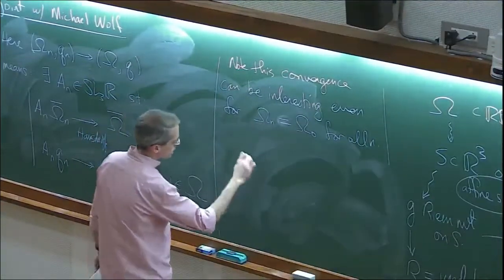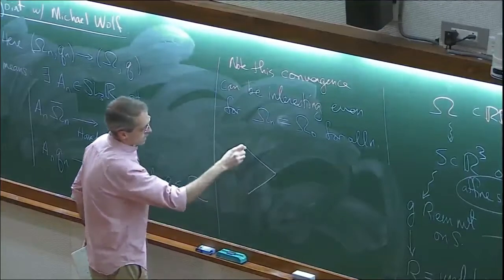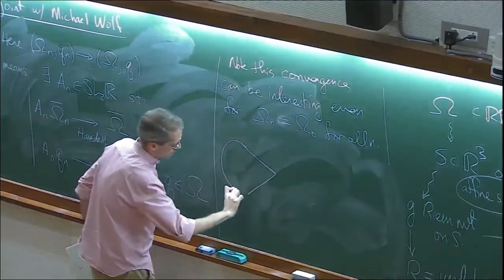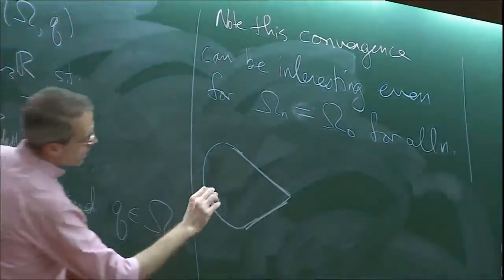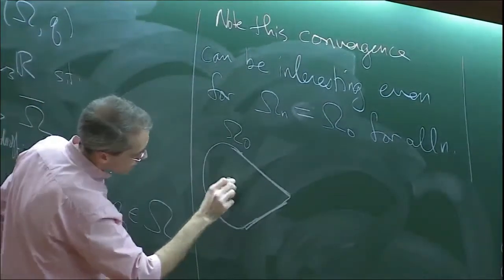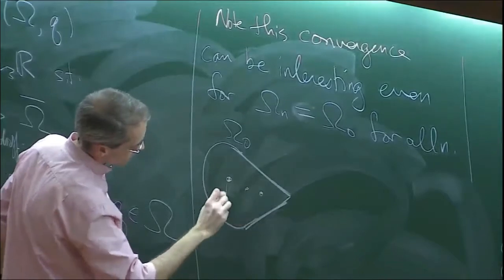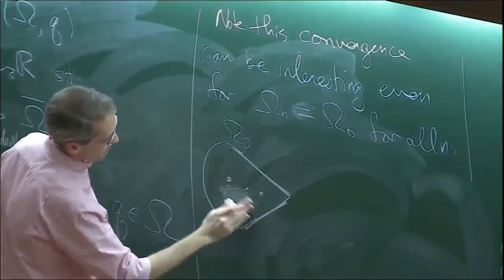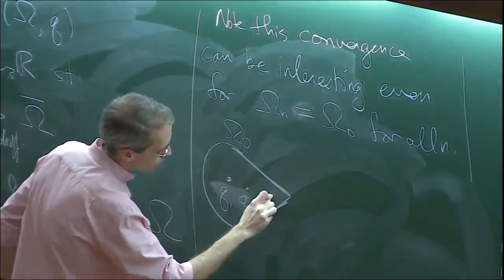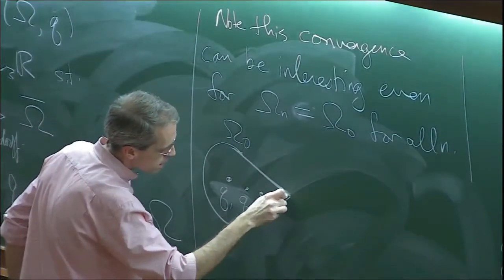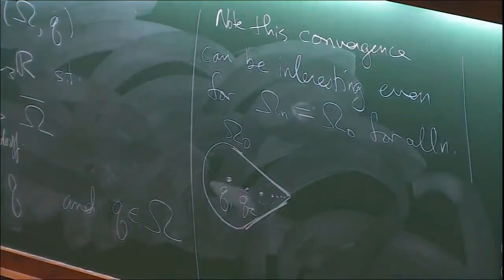You could start with an ice cream cone domain. It's supposed to be convex. There's a sharp point. So this is omega 0. And a sequence of points, I was calling them Q1, Q2, and so on, that converges to that point.